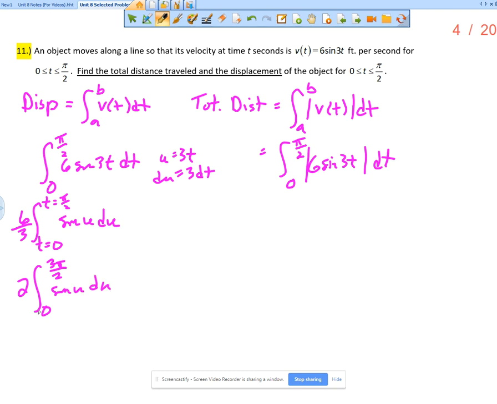All right, so now let's integrate. 2 times the integral of sine is negative cosine of u, evaluated from 0 to 3 pi over 2. So I have negative 2 times the cosine of 3 pi over 2, minus negative 2 cosine of 0.